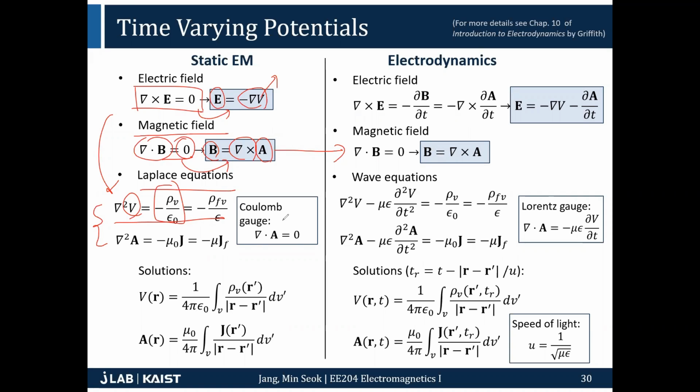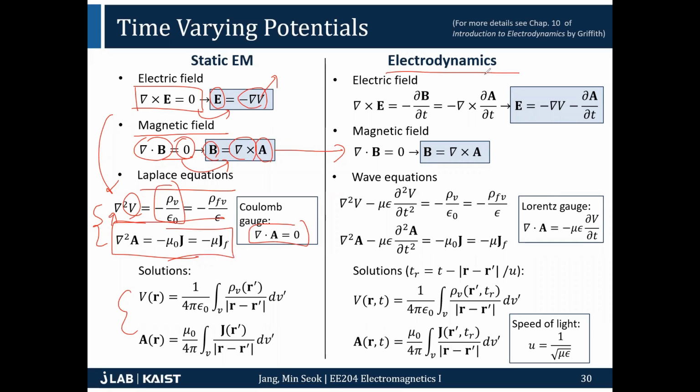Similarly, by taking the Coulomb gauge, by choosing the divergence of A to be 0, you were able to get basically the same equation, having the same form as the scalar potential. And the solutions are the same, of course.